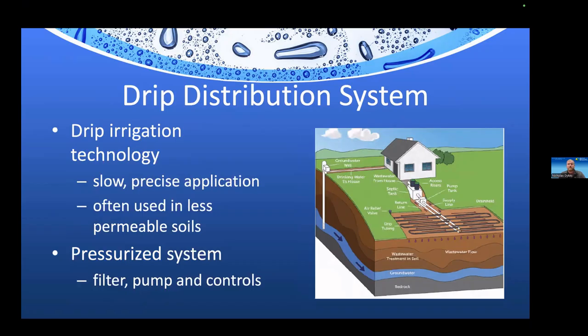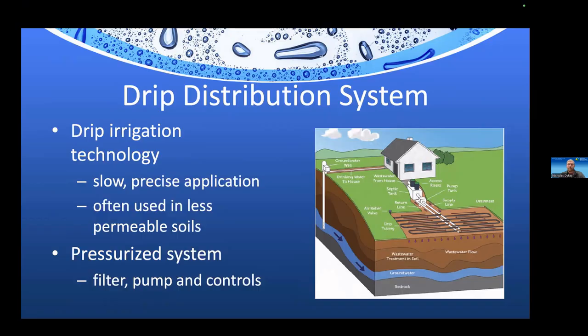We also have drip distribution systems. It's kind of like a drip system with clean water in your front yard, just using wastewater instead. We get a nice, slow, precise application. These are really used in areas with terrible soils that just won't accept much water. This is a pressurized system as well.